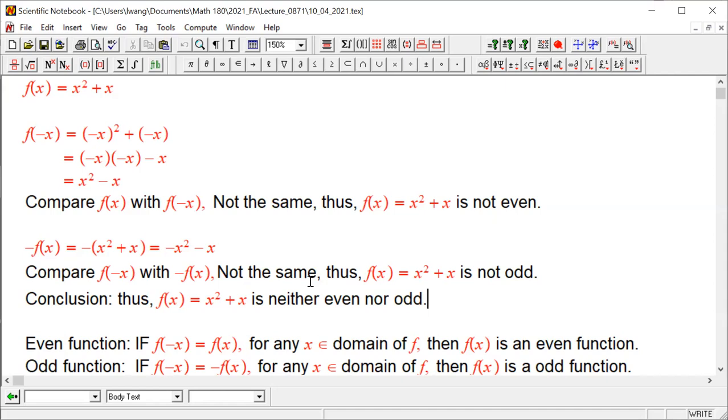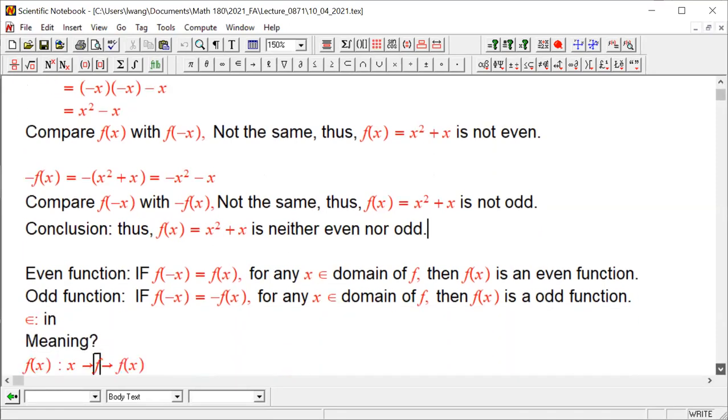Do you think you want to see if there's a function that's both? Yes. All right. We can certainly ask that question, right? They will have the same domain, right?